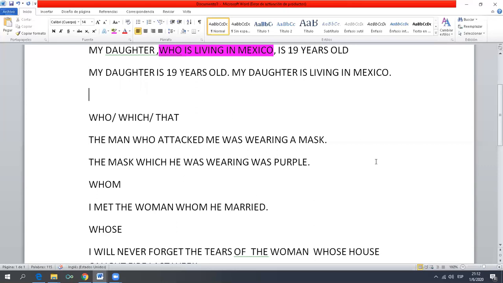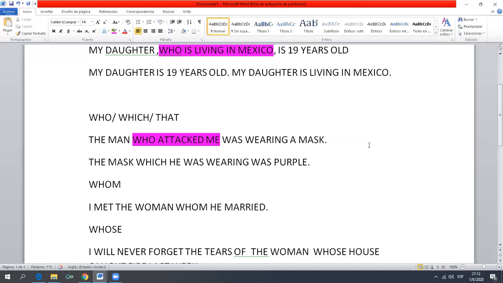I copied here some examples. I have this example. The man who attacked me was wearing a mask. All right? The man who attacked me was wearing a mask, which is the relative clause. This one, okay? This is the restrictive relative clause, not any man. I'm talking about this man, the one who attacked me last night, okay?